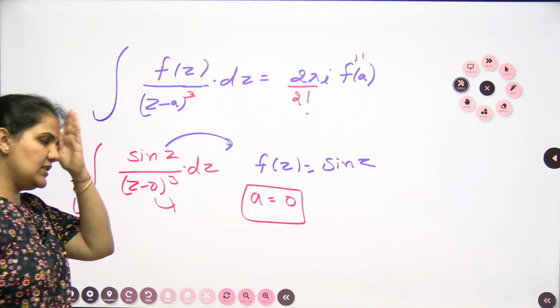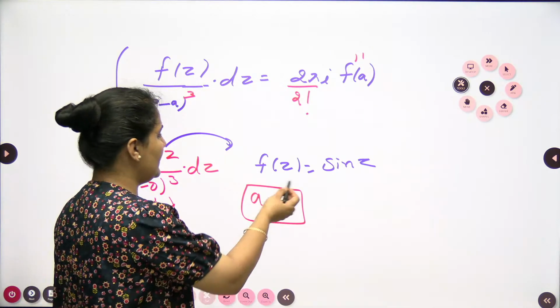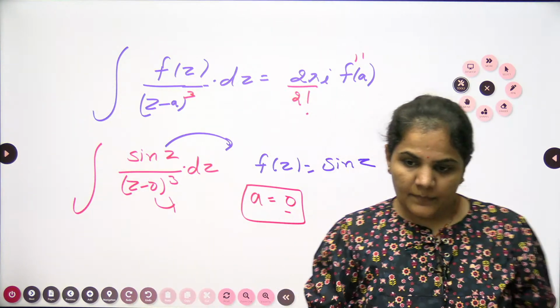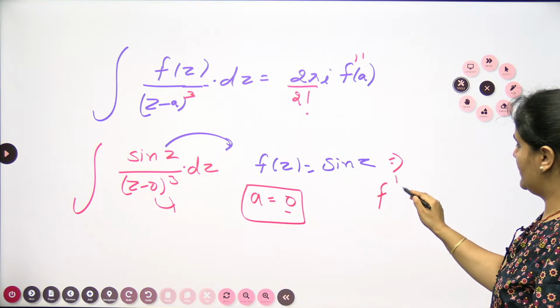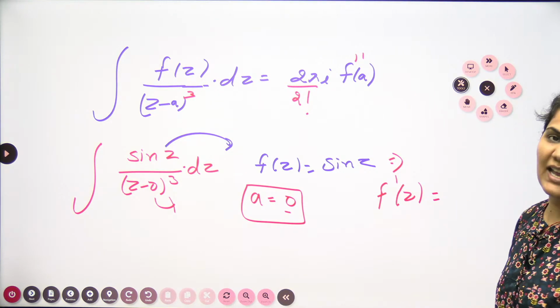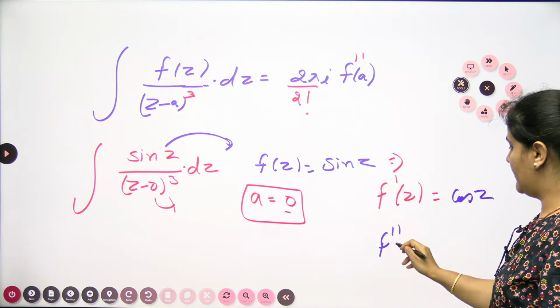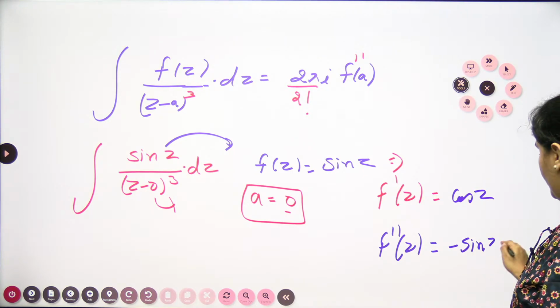That does not make any difference because ultimately you need to put 0 here, but let me show you. I need to do 2 times differentiation. With 1 time differentiation, f dash z is cos z. With 1 more time differentiation, f double dash z is minus of sin z.